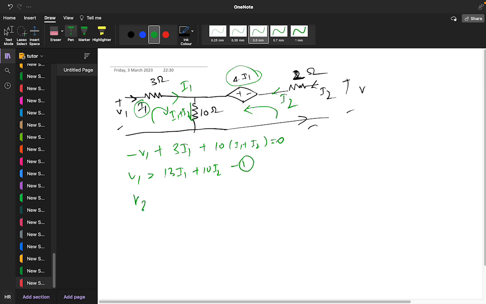Apply from here another equation. You will get V2 is equal to 2I2 minus 4I1. Let me solve like this.